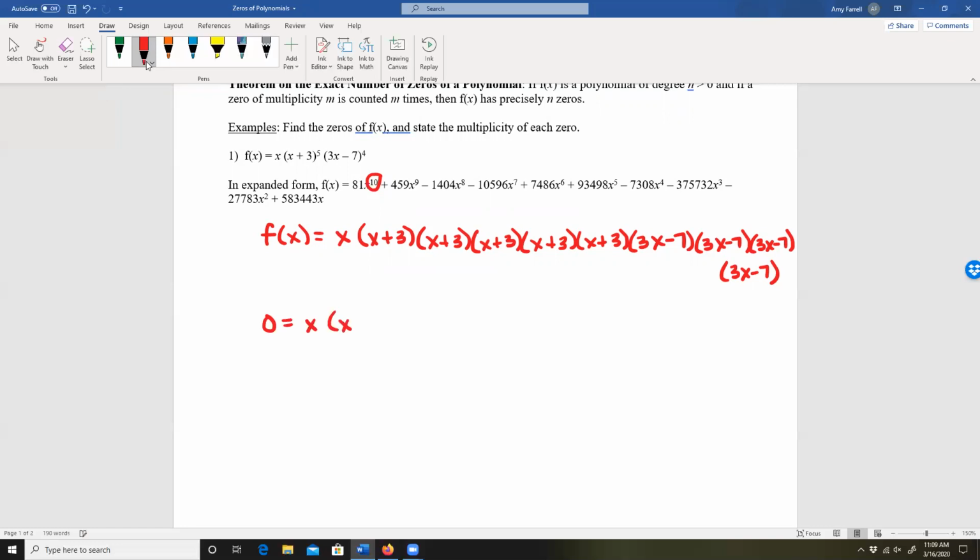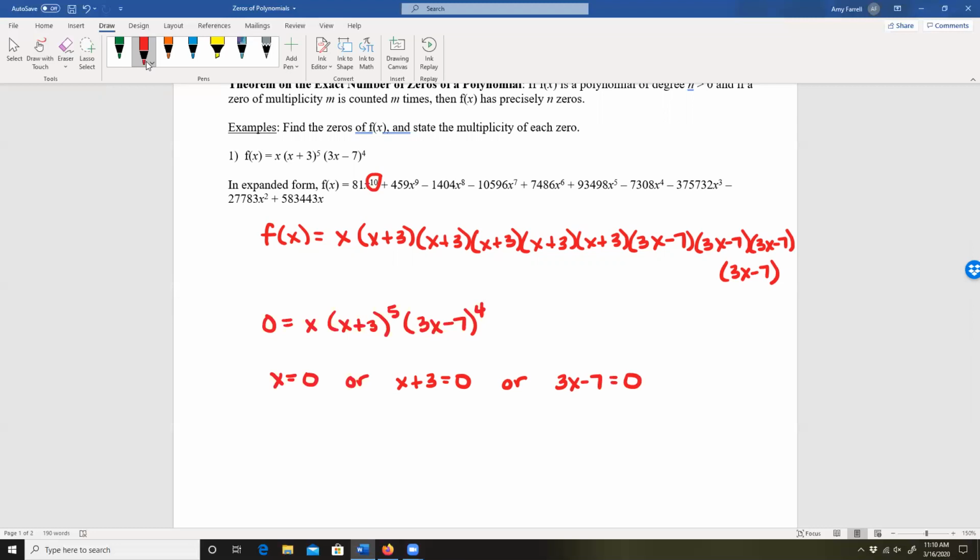This is going to give me the zeros of this polynomial function. So I'm going to set my factors to 0 to solve this equation. This means that x equals 0, or x plus 3 equals 0, or 3x minus 7 equals 0.